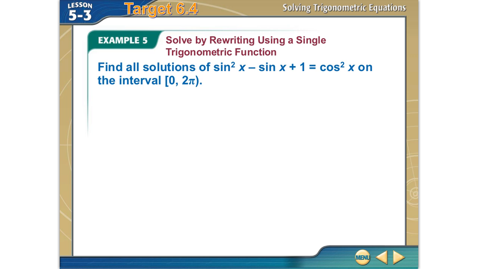So let's remember that sine squared of x plus cosine squared of x is equal to 1. So for us, the identity that we could use is that cosine squared of x is equal to 1 minus sine squared of x. So we'll replace it with 1 minus sine squared of x, bring down our equal sign, and the left side will bring down sine squared of x minus sine x plus 1.